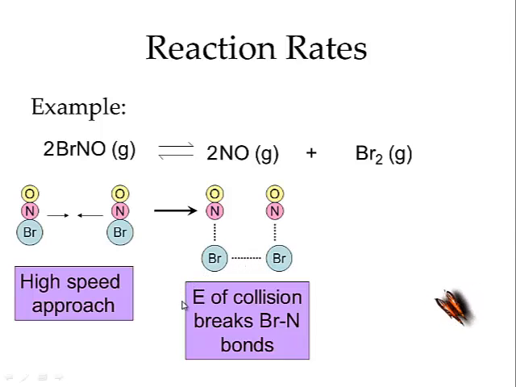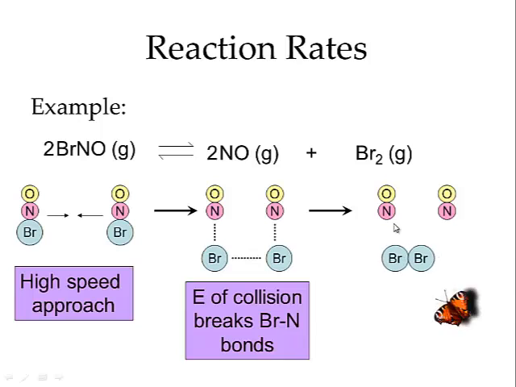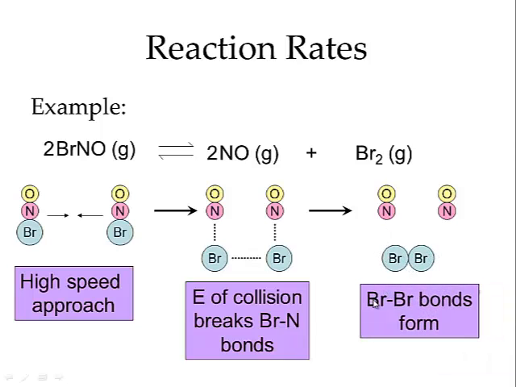So the energy of the collision breaks the bonds between the bromine and the nitrogen, giving the atoms a chance to rearrange themselves, and you get this bond forming between the two bromines. So then you end up with 2 molecules of NO and 1 molecule of Br2. The bromine-bromine bonds form.